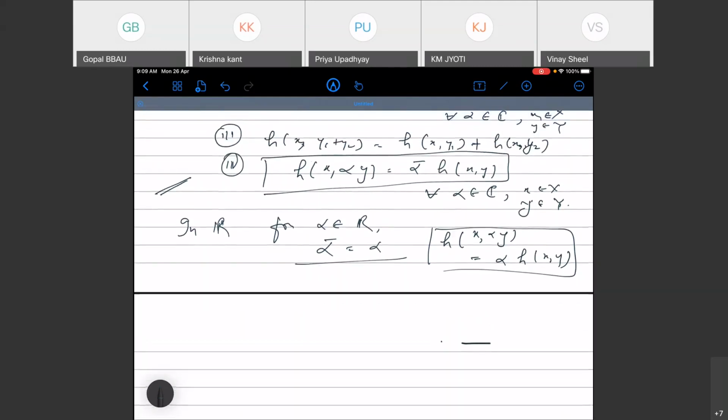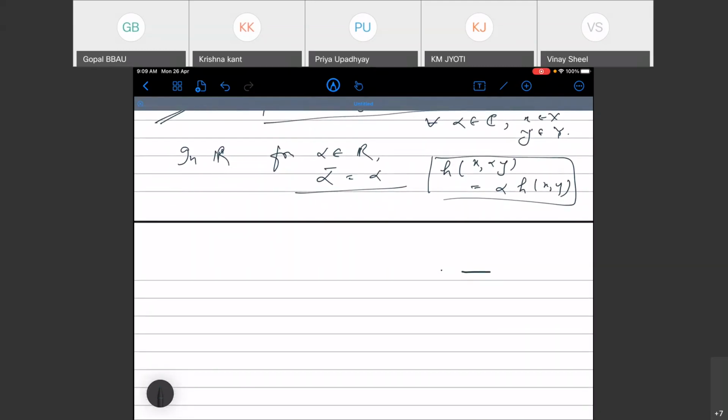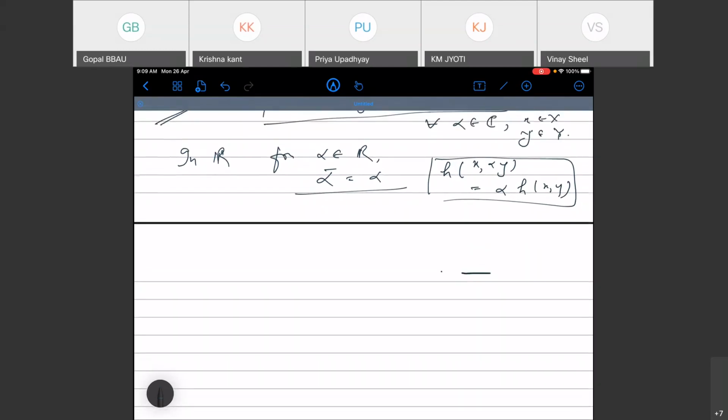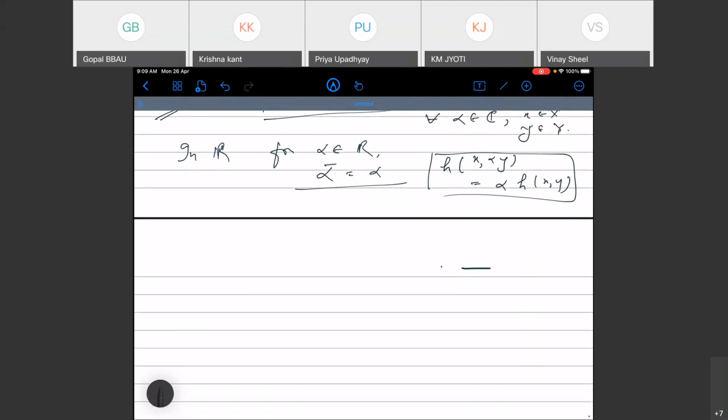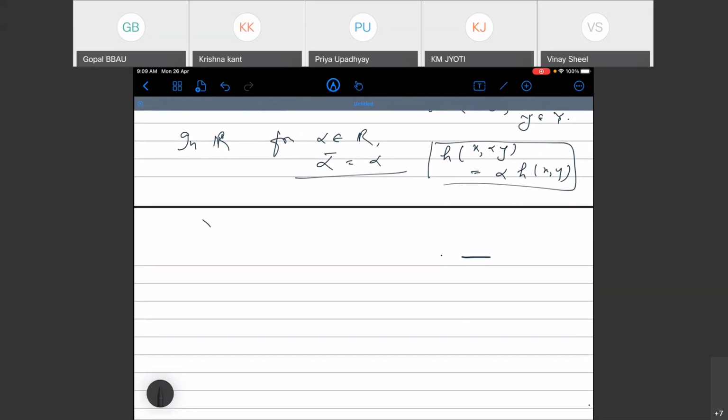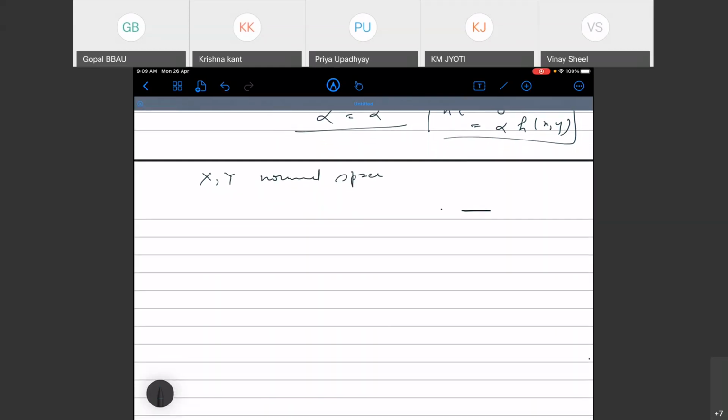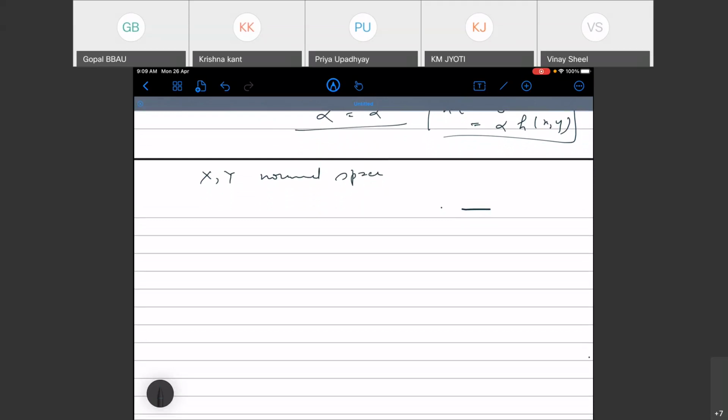So when we talk about functionals, we talk about their norm. If we are in normed spaces, now we take X and Y normed spaces, and let us talk about the norm of h. So you know how we define the norm of a bounded linear functional.